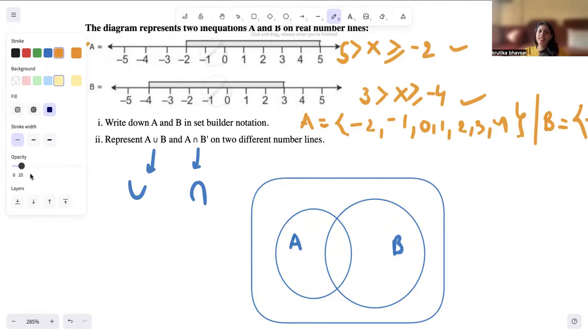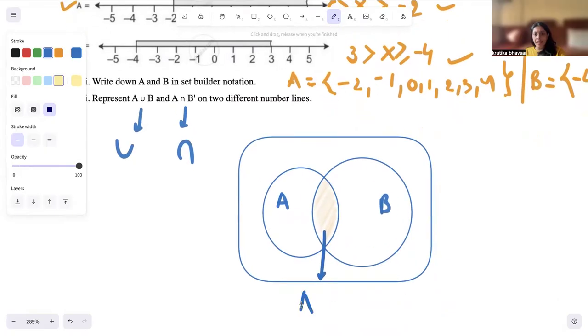Intersection means such values that are also of A and that are also of B. Where do they collide? In this case, this is the place they collide. So this is nothing but such values that are also in A and also in B, right? So this is nothing but A intersection B.